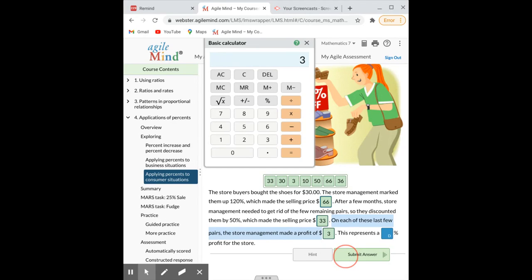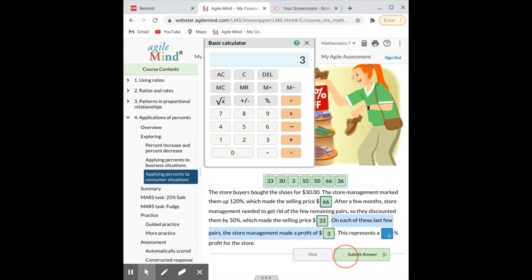First, it cost $33, and then, or was it $30? There you go. That's right. It was $30, and then it was $33. So what we had to do was 33 minus 30. You had to subtract them, and it gets you 3. Great job, Angel.